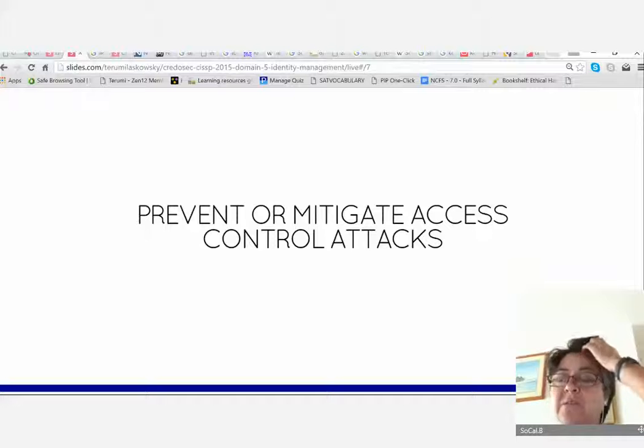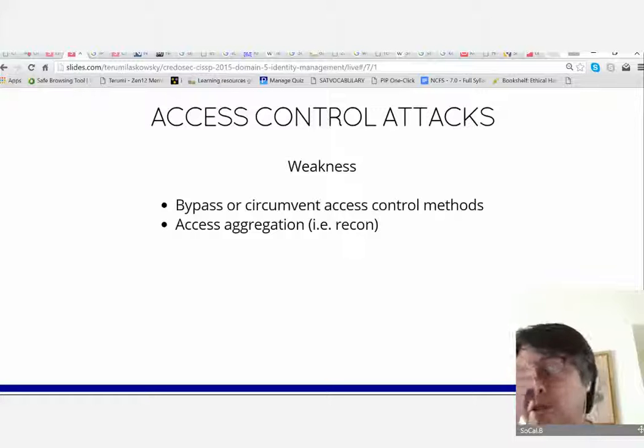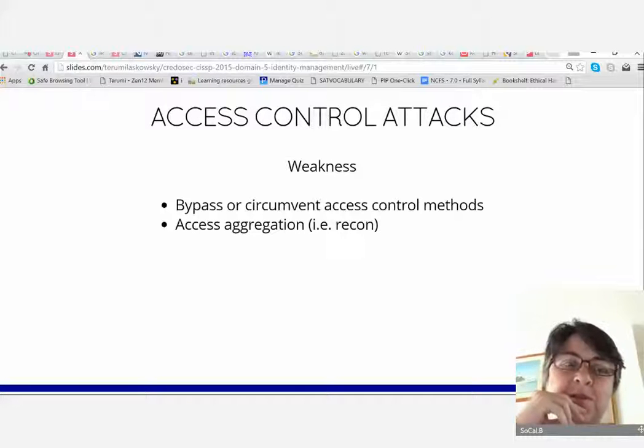Prevent or mitigate access control attacks. Now, this one, the book actually has a lot of things about it, but you have access control, like authentication, authorization. Remember yesterday we talked about the race condition versus the time of check, time of use.